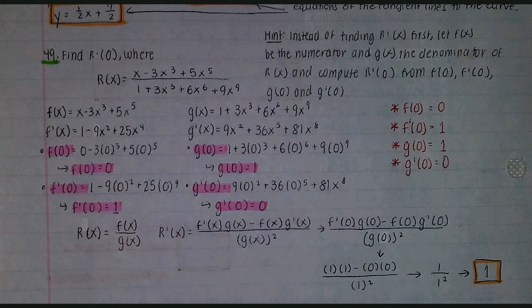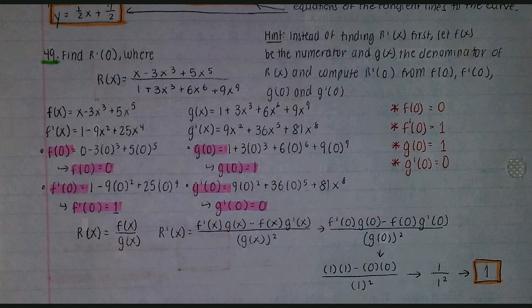So I just separated the numerator and denominator, found the derivatives of each, and then from there plugged in 0 for f of 0 as well as f prime of 0. And then from there I simplified r of x and set it equal to f of x over g of x. And then went further into r prime of x equals, and used the quotient rule from there.